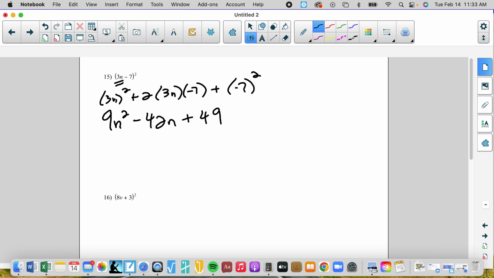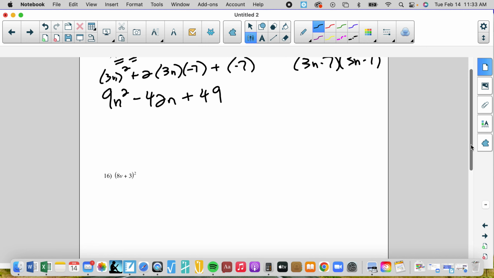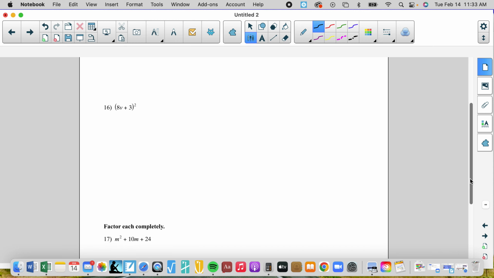So that's a nice, easy way of simplifying it. But if you want, please, by all means, feel free to write 3n minus 7 times 3n minus 7 and do the foiling. You will still end up with the same exact answer. I'm going to do the shortcut. 64v squared. 8v times 3 is 24. Double it is 48v. And then I'm going to square my last, which is 9.